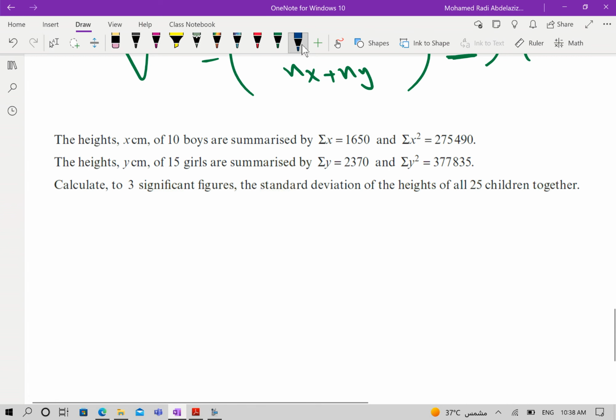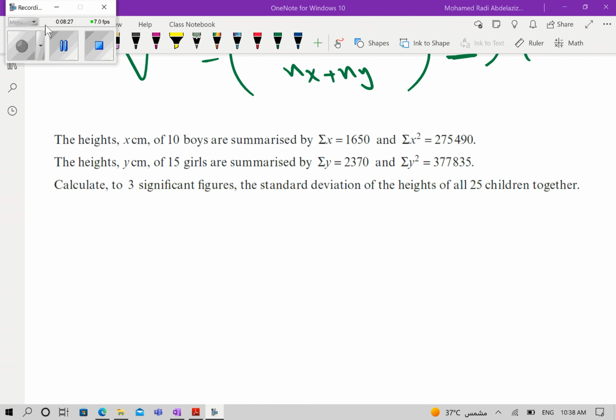Heights y, 15 girls, we have the number is 15, given the summation of y and the sum of y squared. So also you can find the mu of girls, you can find the variance, you can find the standard deviation. Calculate, correct to three significant figures, the standard deviation of the heights of all 25 children.